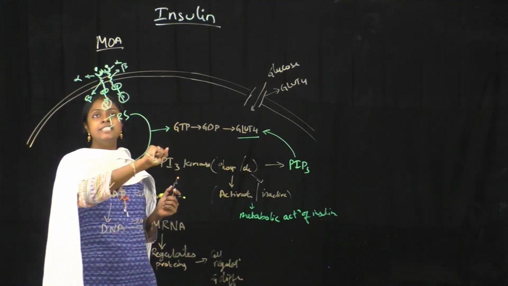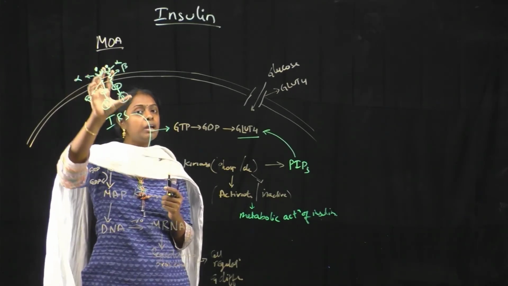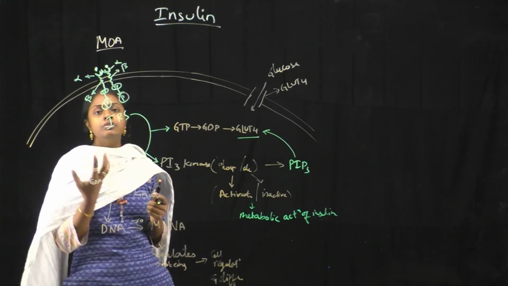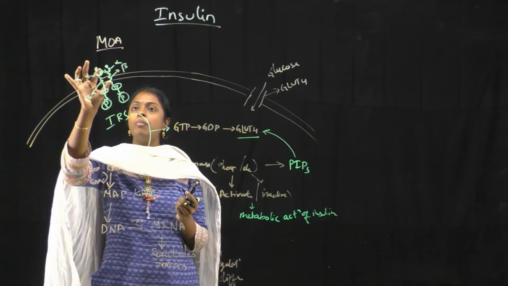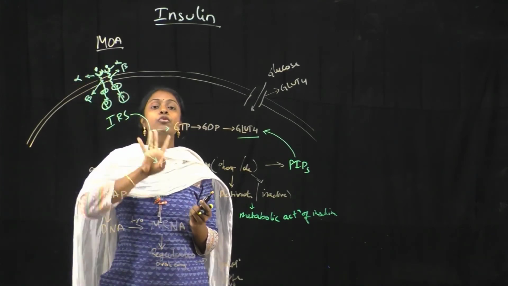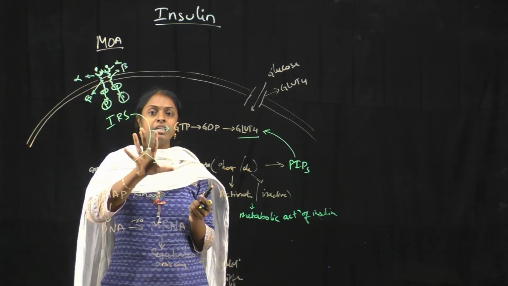Once again, let's see the mechanism of insulin in detail. This is the insulin receptor which is located on the cell. It might be skeletal muscle or any liver cell. It consists of 4 subunits: 2 alpha subunits and 2 beta subunits.